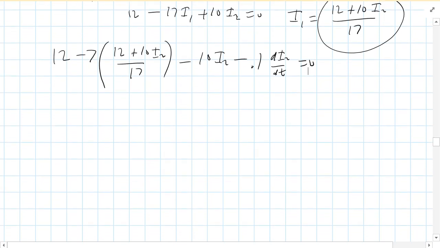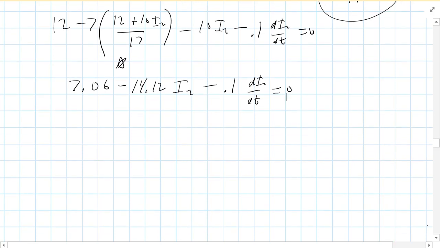Okay, so then if we multiply all this out and put like terms together, I'll spare you all that crazy algebra. You'll get the following. You'll get 7.06 minus 14.12 I2 minus 0.1 di2/dt equals 0.